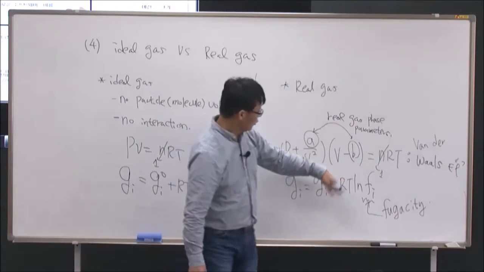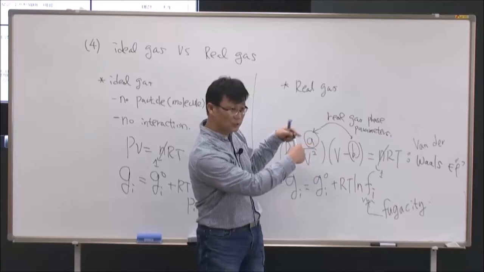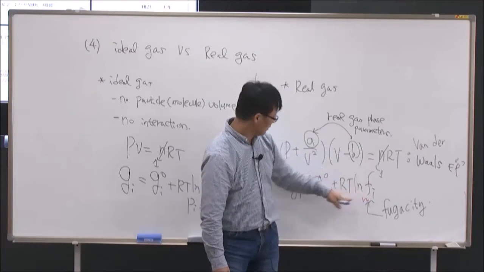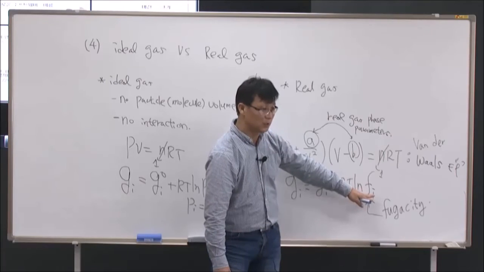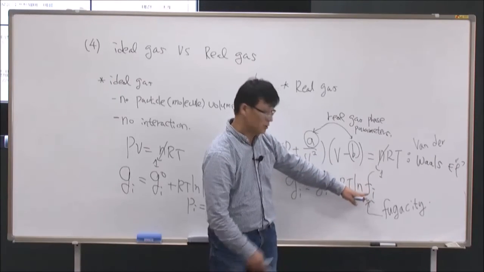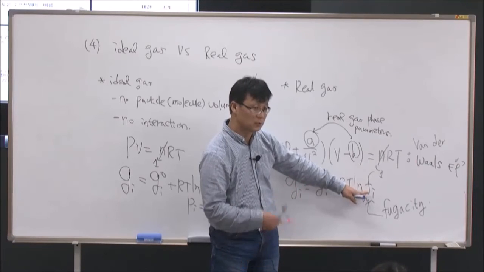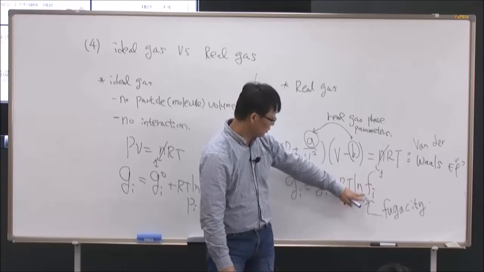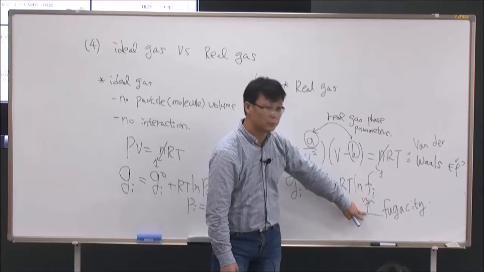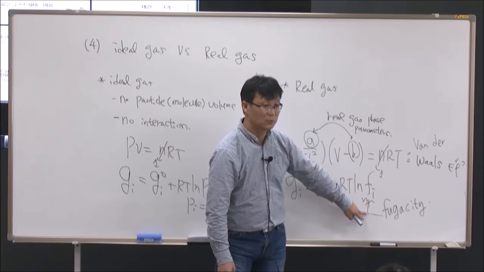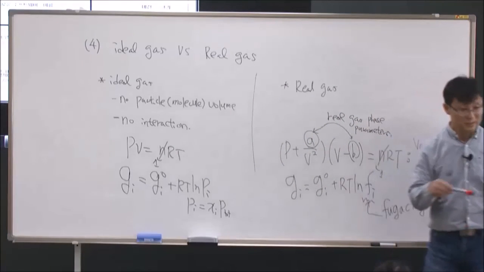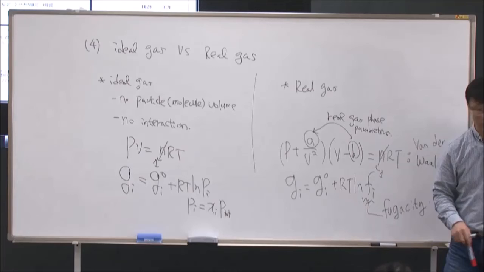But in order to count a little bit of the interaction between the particles, instead of assuming the correction term from the solution as simply the partial pressure, simply the mole fraction, we're using different terminology here, and that's F. Here we call it fugacity. Fugacity could still be a function of the mole fraction times something, but there's some correction inside of that.